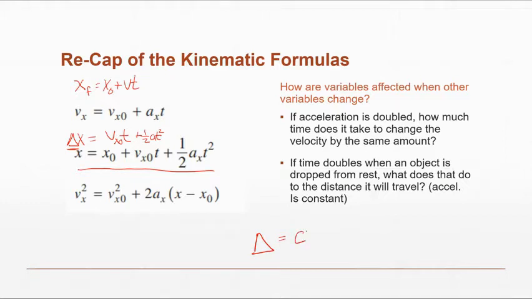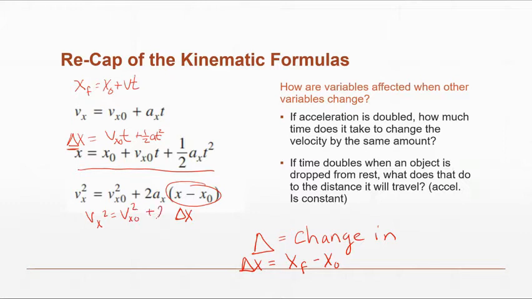In this case, it means change in. So when I have delta x, it means change in position, which is x final minus x initial. You've also seen this equation as Vx squared equals Vx initial squared plus 2a change in x.